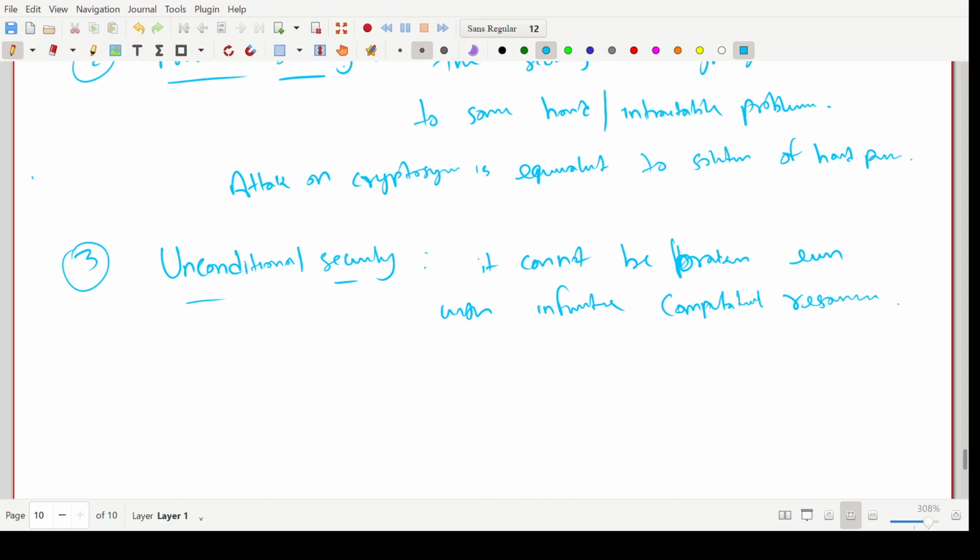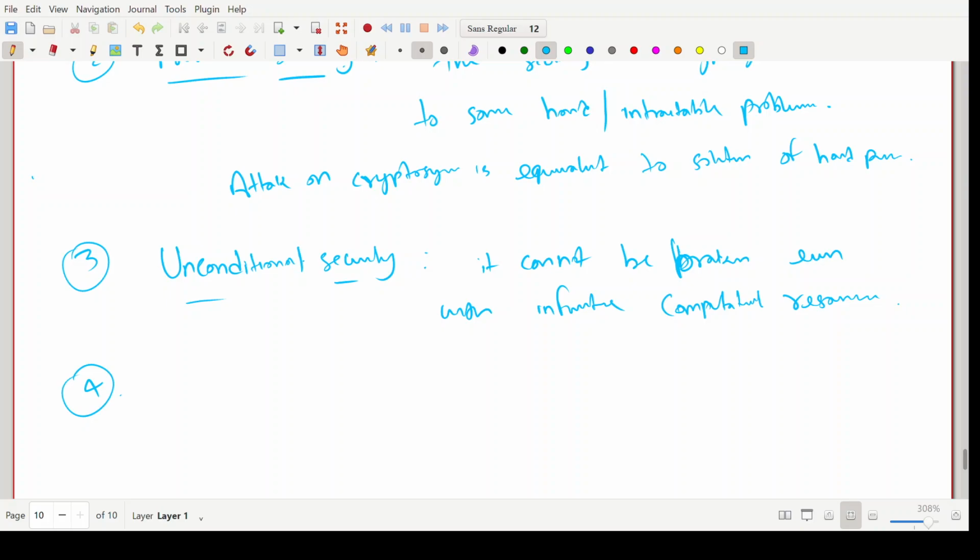Under this measure, we provide infinite computational power to an attacker. It is categorically clear that an unconditionally secure crypto system must be considered the strongest crypto system, because you are able to apply all the computational power, infinite computational power, but still if you are not able to break it, then your crypto system is very much secure.